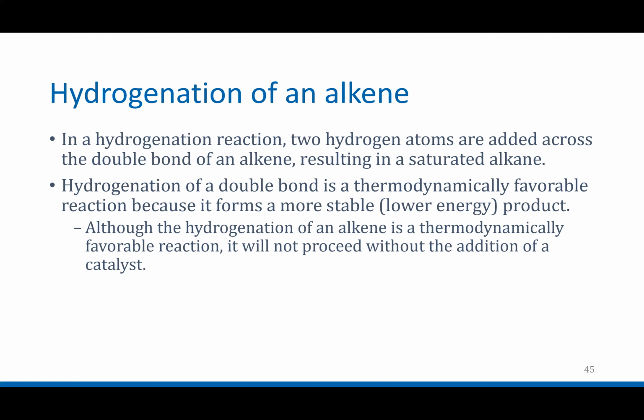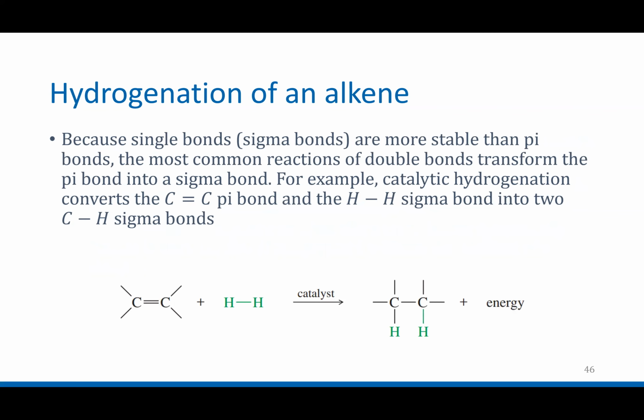So hydrogenation of a double bond is energetically favorable. It's an easy reaction because the product is much more stable. Again, I'm going to show you pictures of this, but you don't need to know the name, though you would need to know the reaction, and we'll practice this at the end of this chapter.